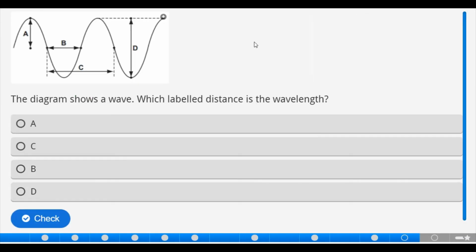Now, looking at this diagram, the diagram shows a wave which labeled distance is the what? Wavelength. Now, for us to complete a cycle that will generate what? A wavelength. So, more or less, it always looks like this.